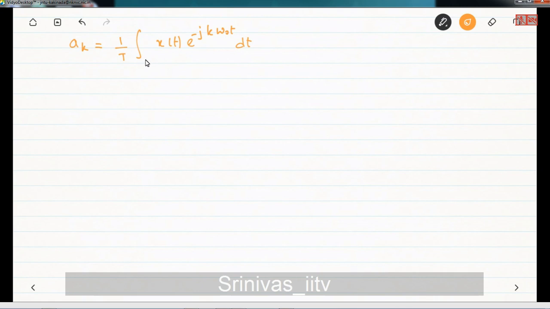In the previous class, once I wrote this integral, I simply denoted here T, and said that this notation T says that it is an integral over one period.